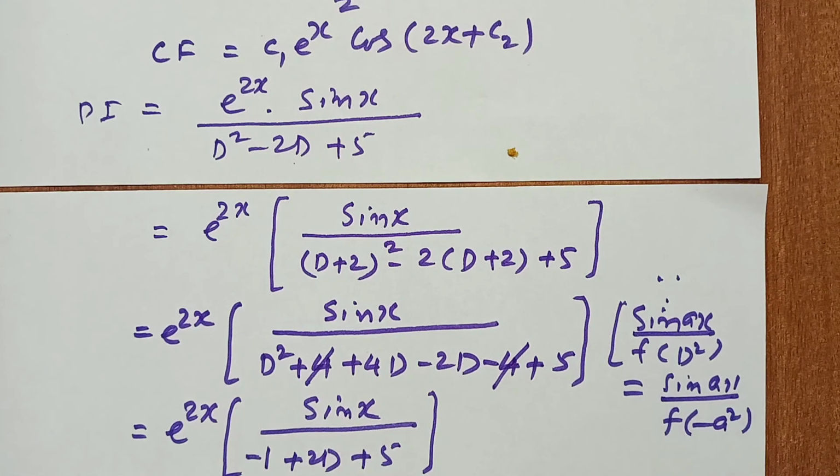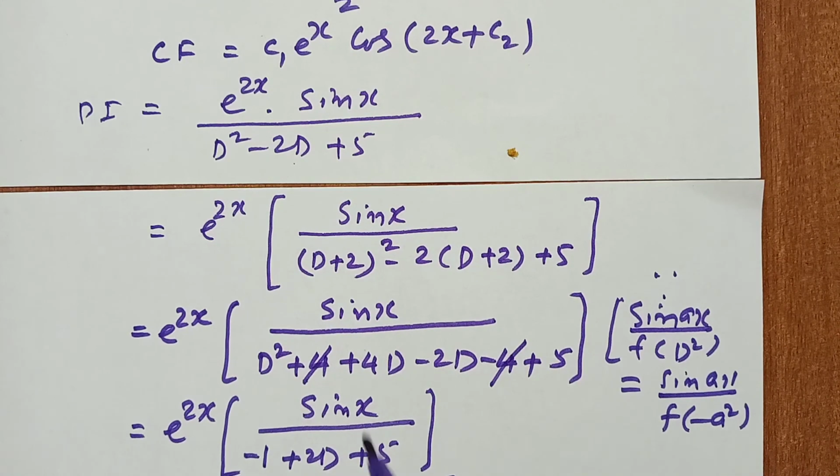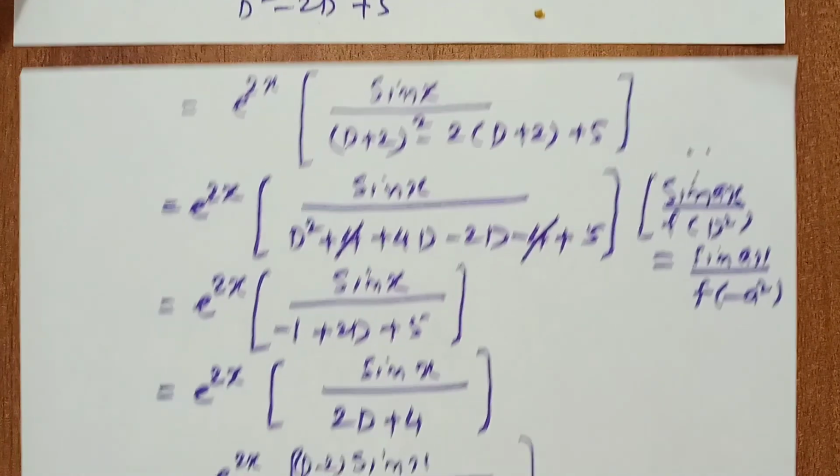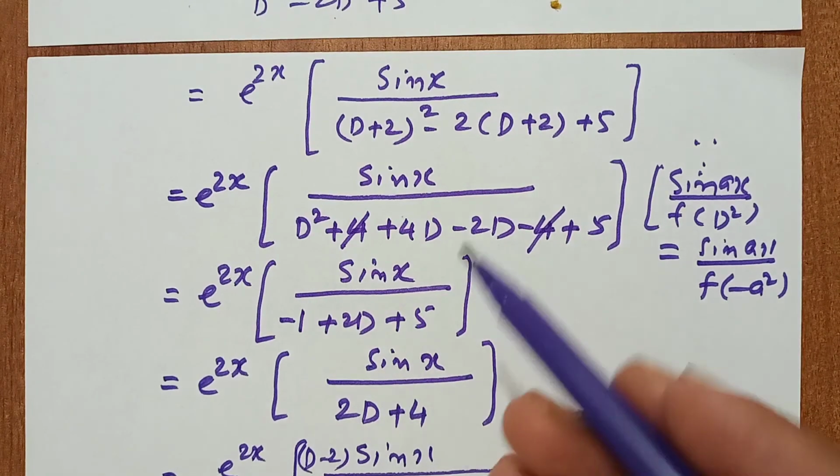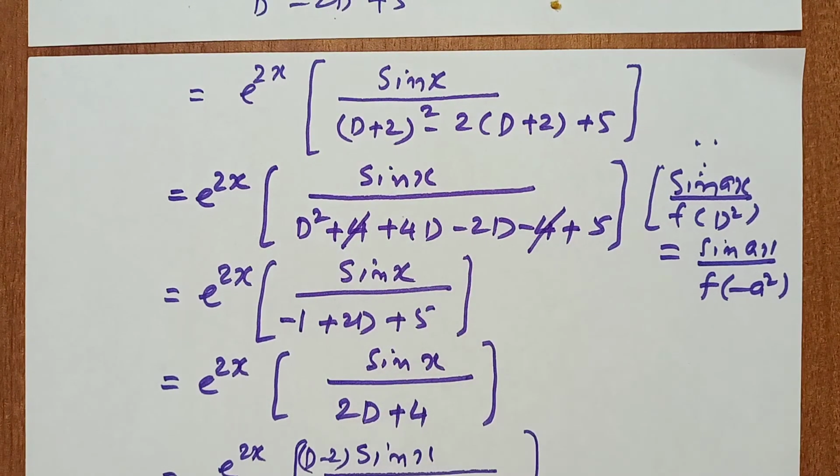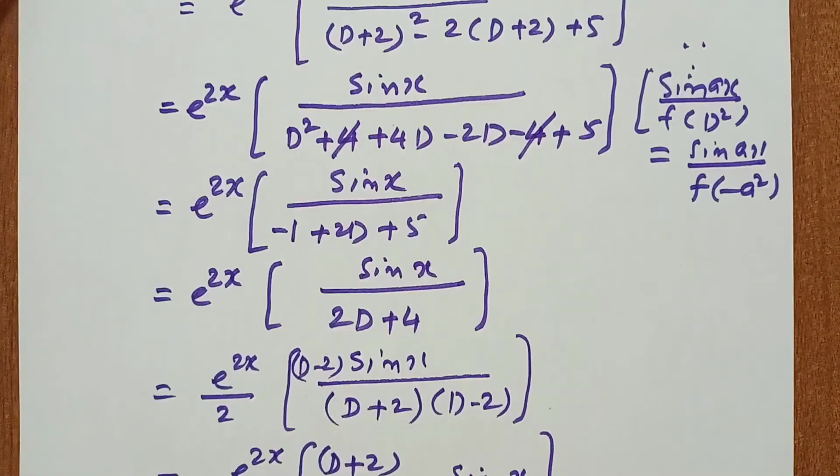So our aim is to put it in the form of D². Okay, so this is the method, and it is very easy to calculate, and we get the result.